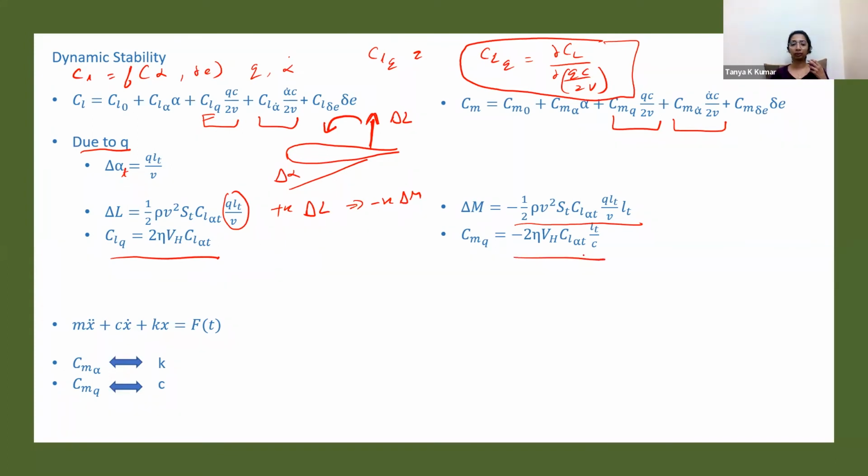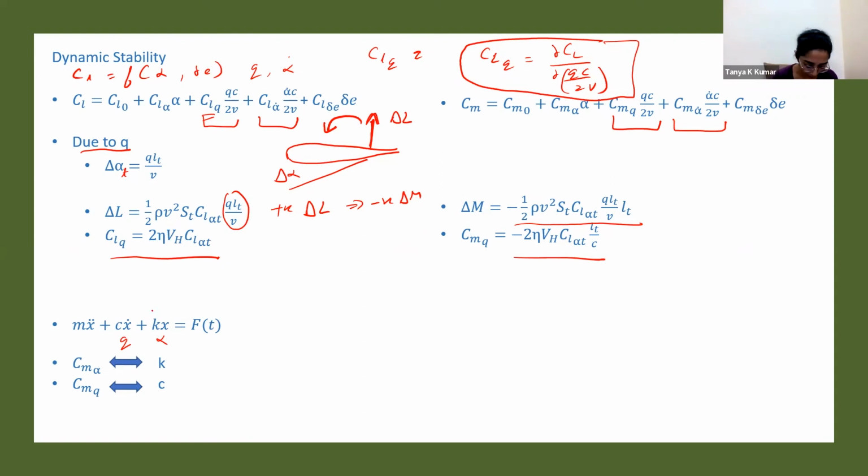Now, what we can understand from this is we compare it to a spring mass damper system. We studied that CM alpha was analogous to K, that is stiffness. So in this case, X dot would be like Q, and X would be like alpha. It's not the exact same thing, but it's analogous to that. What contributes towards stiffness is the CM alpha.